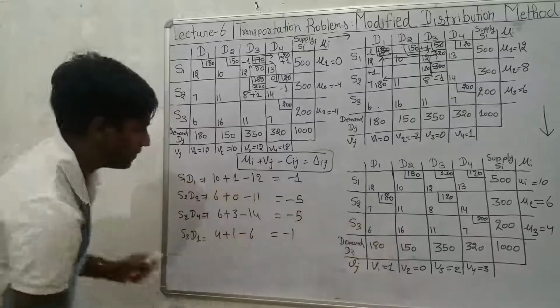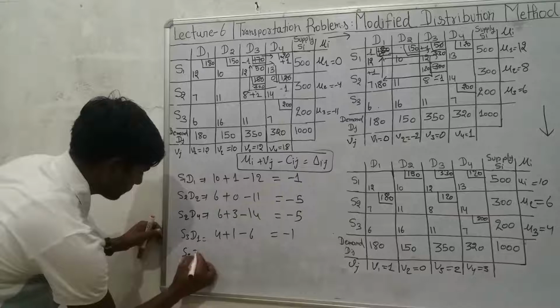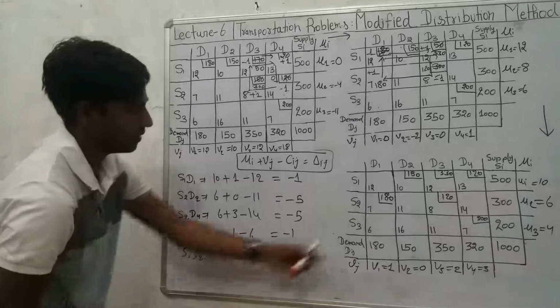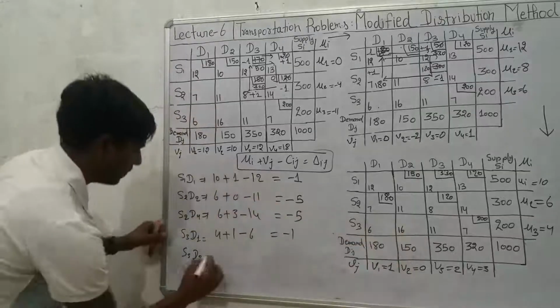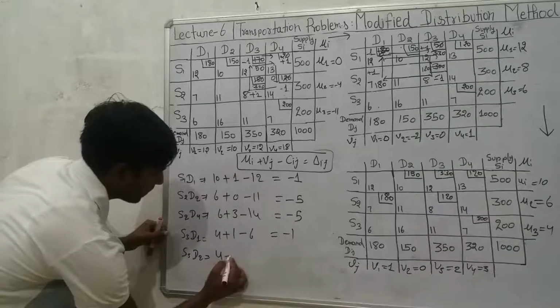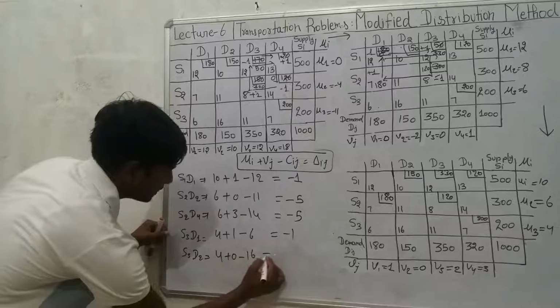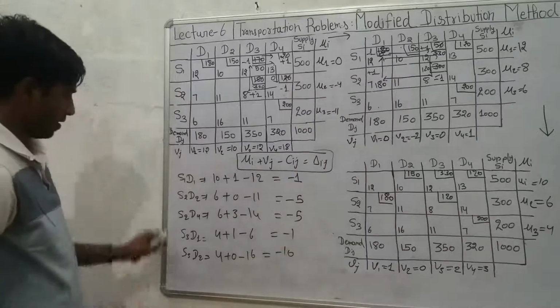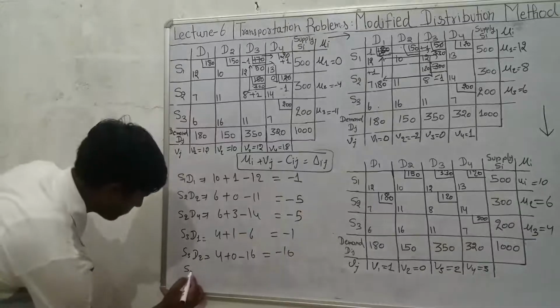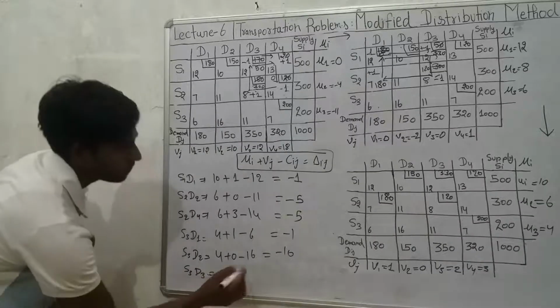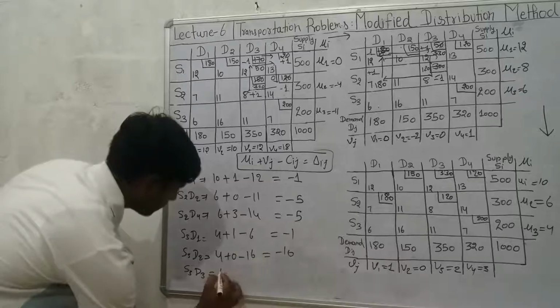For S3D2, it is 4 plus 0 minus 16, that is equal to minus 10. And for the last unoccupied cell, that is S3D3, the value of U3 is 4.